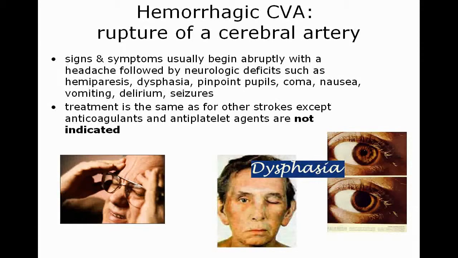So when I talk about treatment as is the same as for other strokes, I'm talking about treatment like the immediate medical intervention, the immediate use of the IVs or support with oxygen, immediate care, but not anticoagulants or antiplatelet drugs.